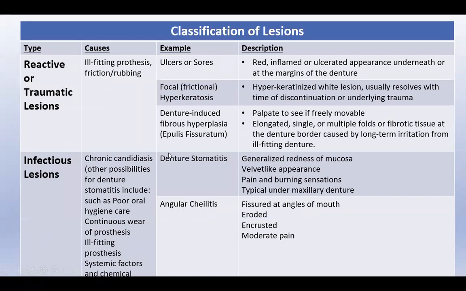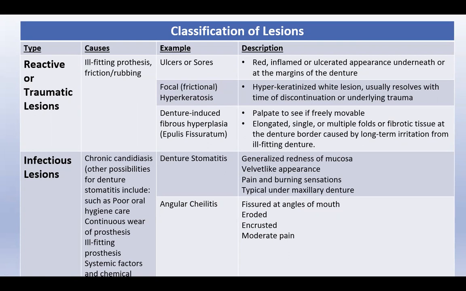So now we'll go over the classification of the different lesions that are more common to be seen in patients who wear a prosthesis or a denture. There's a reactive or traumatic lesion, and this is caused from an ill-fitting denture prosthesis, from the friction and the rubbing. An example of that would be ulcers and sores. There's also the focal or frictional hyperkeratosis, and that adds sort of an extra fold of tissue.